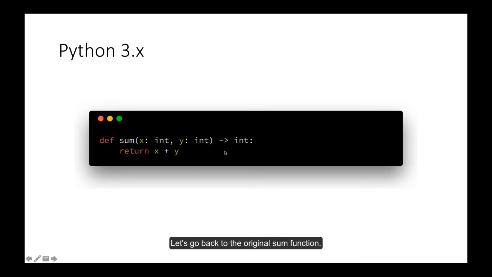Let's go back to the original sum function. In Python 3, we can add a function annotation like this. We strictly point out that x, y, and the return value are integers. Let's check this in a live demo.